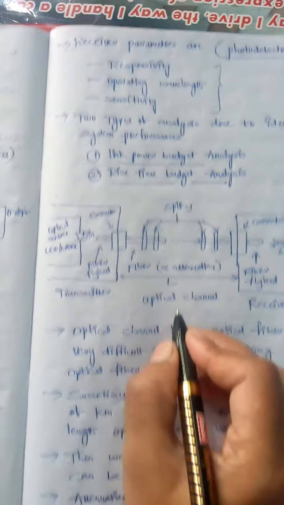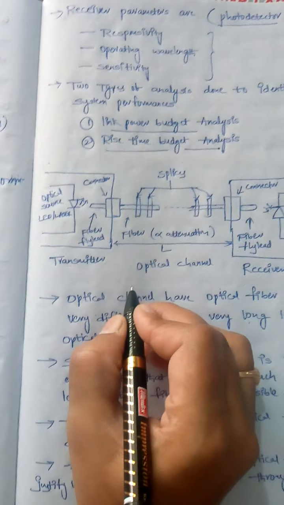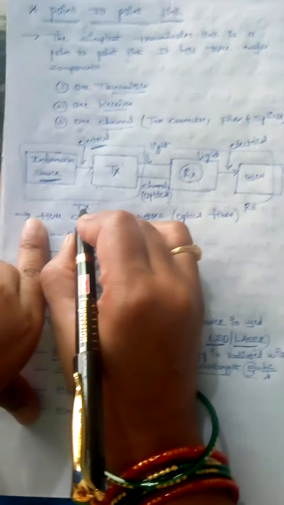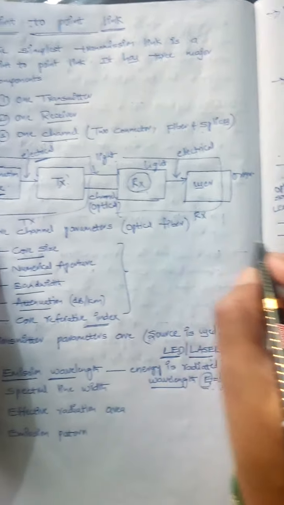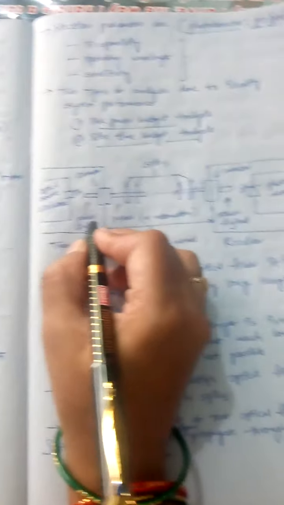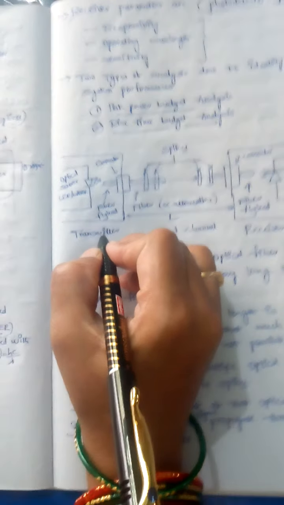Now we can discuss using the block diagram I discussed previously, with the transmitter parameters.